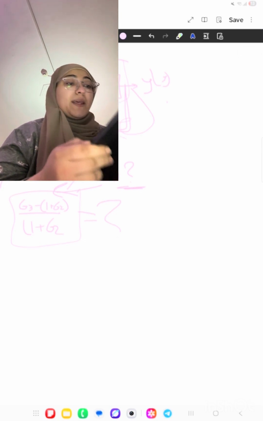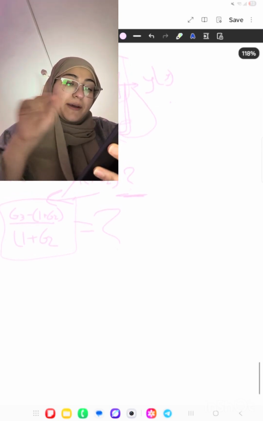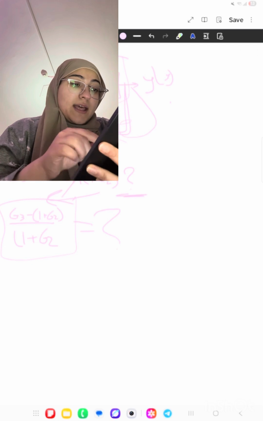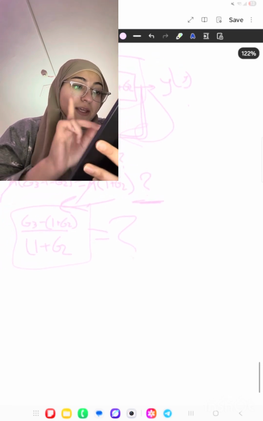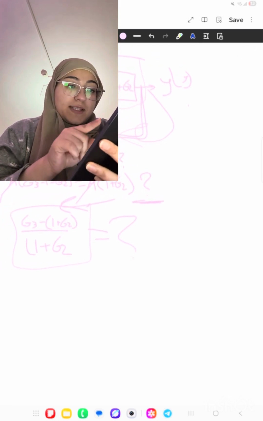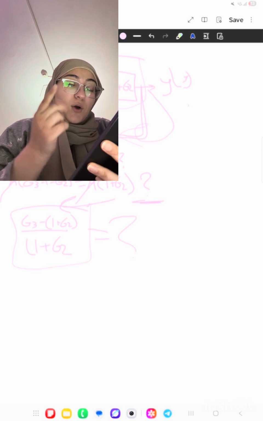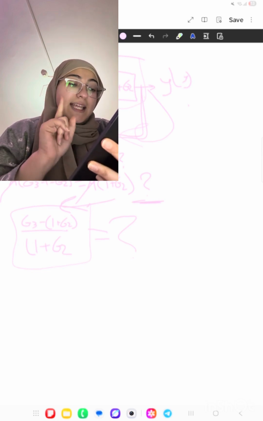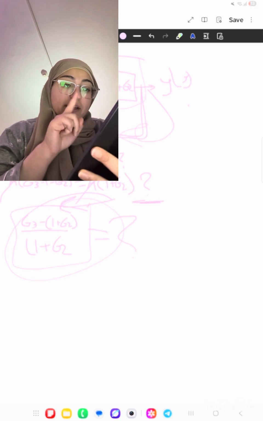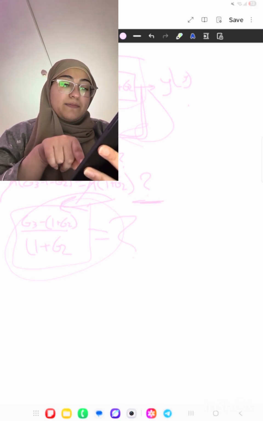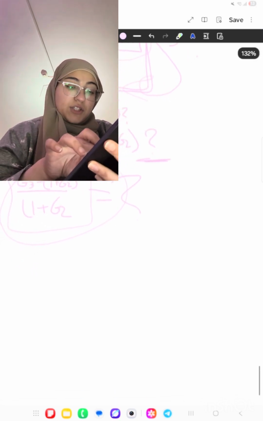Now we just want to make a backward loop. It's going to be G1 multiplied by 1 plus G2 over 1 plus this thing here multiplied by G1 multiplied by 1 plus G2.